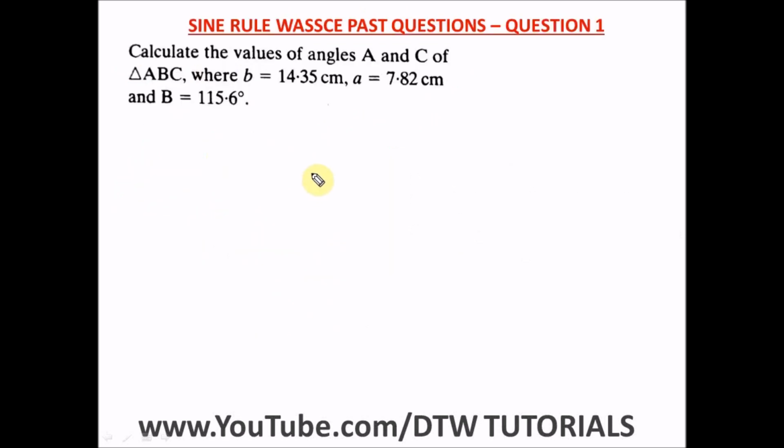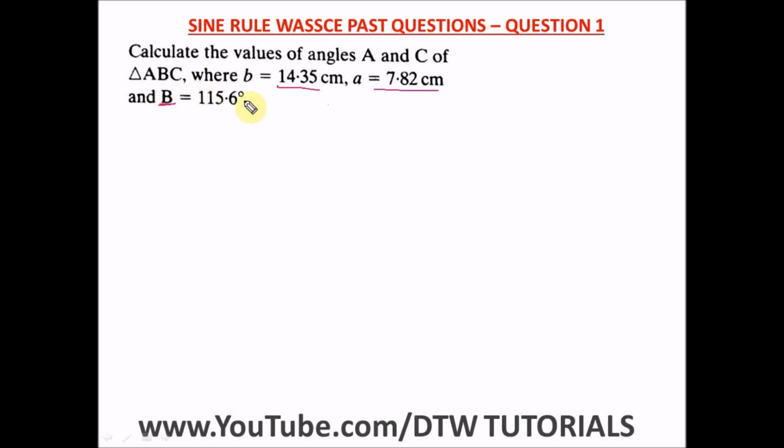So here we have a WAEC past question on the sine rule. It says calculate the values of angles A and C of triangle ABC, where b is 14.35 centimeter and a is 7.82 centimeter and B is 115.6 degrees. So this is an angle. When you see a capital B, it means it's an angle.